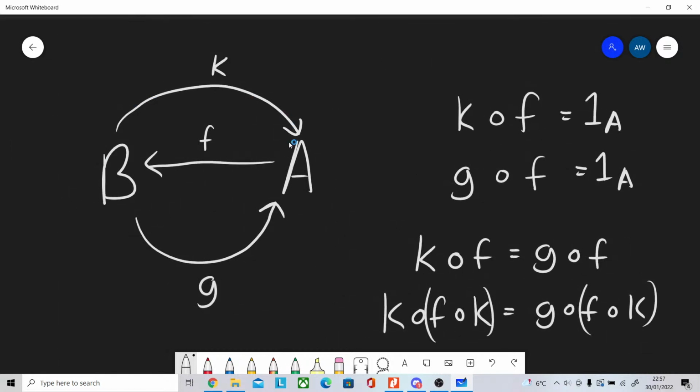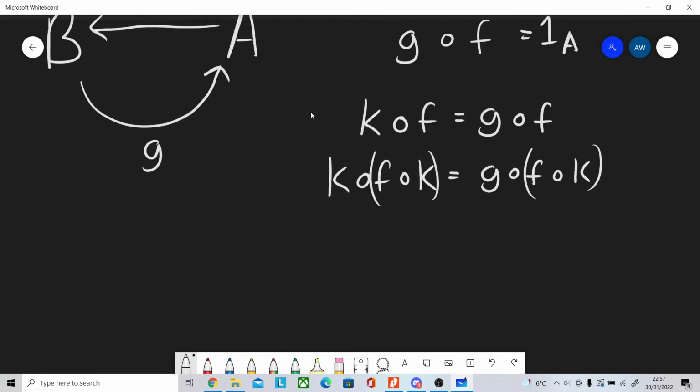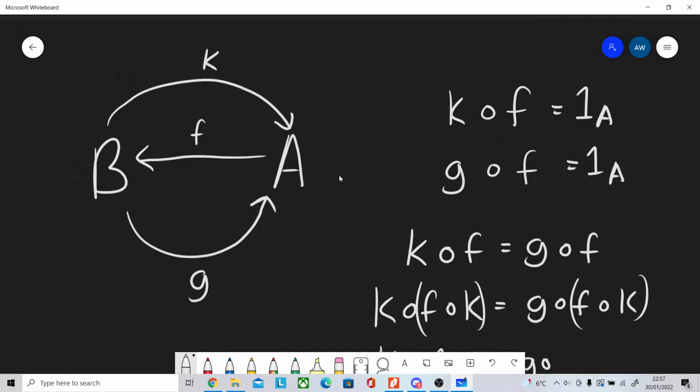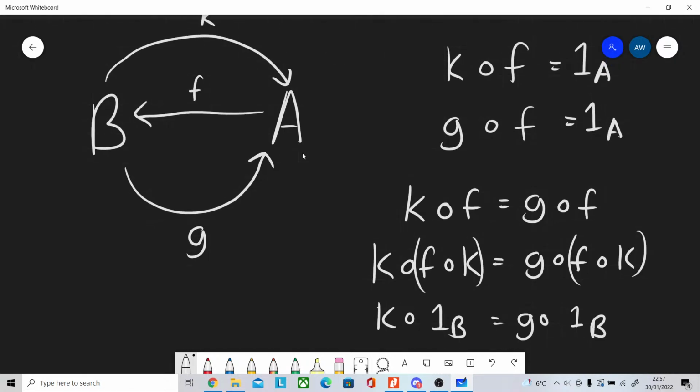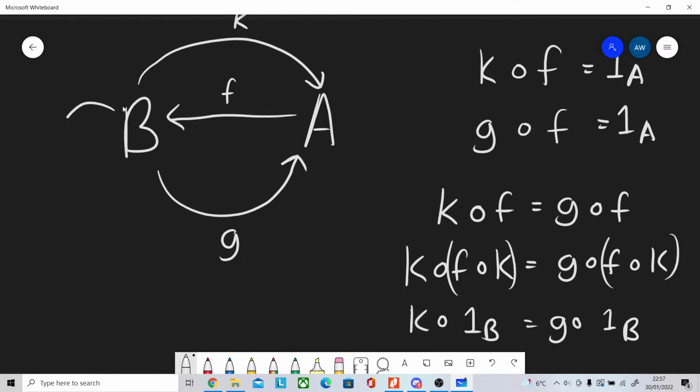We have k and then we have f, so it's going to be the identity on B. And fk is also going to be the identity on B. And then we have the identity on B and then k, so that's just going to be the same as k.